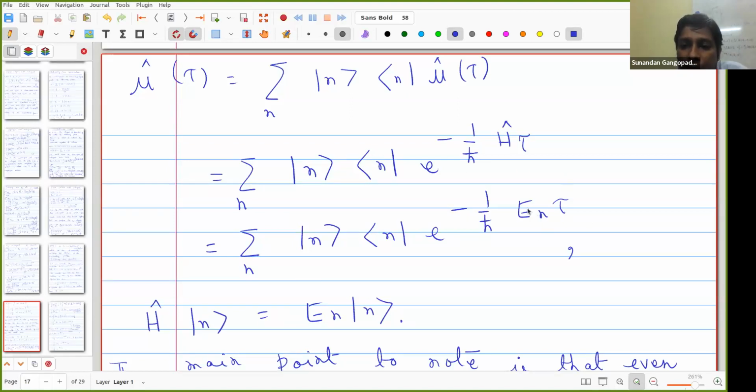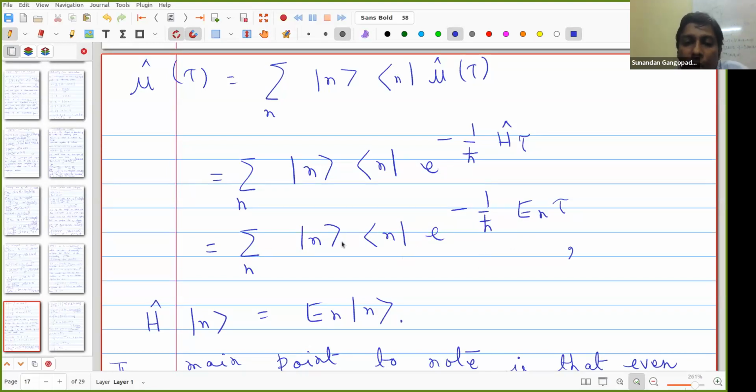So now it becomes an eigenvalue, a pure number, and therefore the formula for U hat(tau) becomes summation over n of |n><n| e to the power of minus 1 by h bar E_n tau. It doesn't matter whether you write this e to the power of minus 1 by h bar E_n tau on the right hand side or on the left hand side, because it is no longer an operator, it is a pure number. So you can write it anywhere. I've written it down on the right hand side.